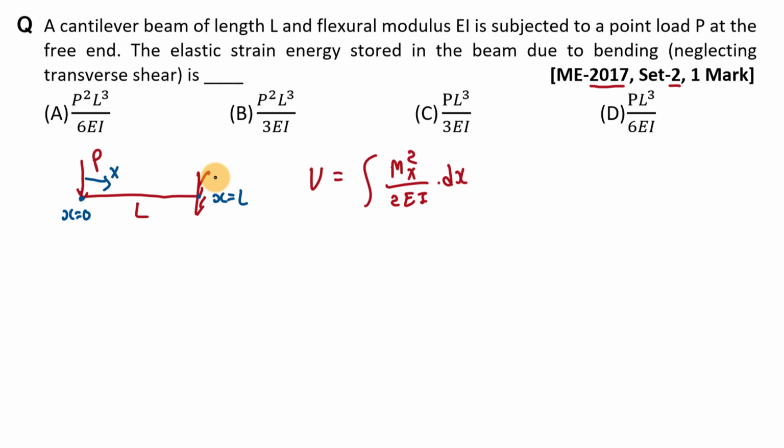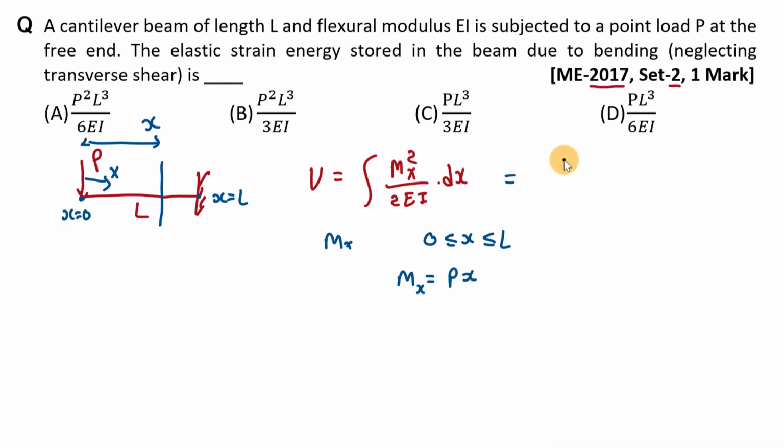Now if we want to find the value of Mx in the interval 0 less than or equal to x less than or equal to L, then we have to take one section at a distance of x from the origin and find the bending moment at that point. So we can directly find Mx, that will be this load P into this distance x, that will be P into x, right?